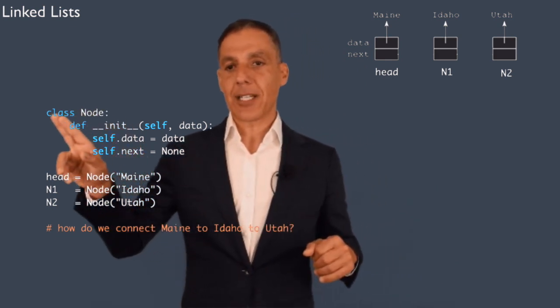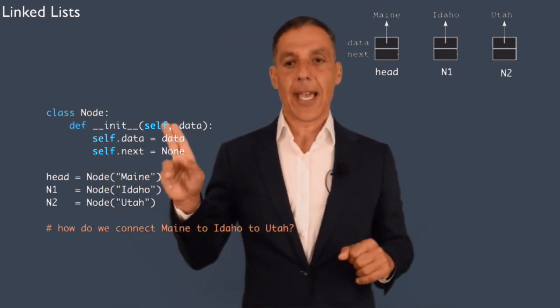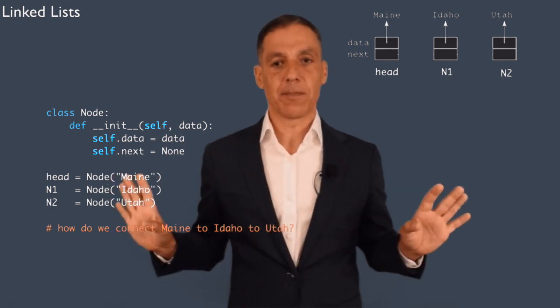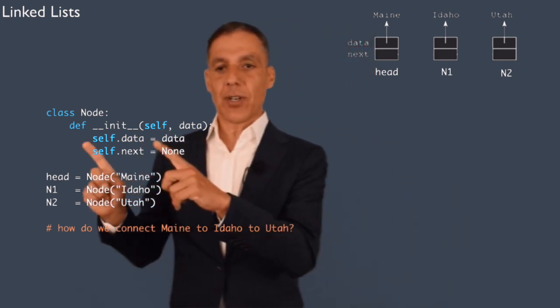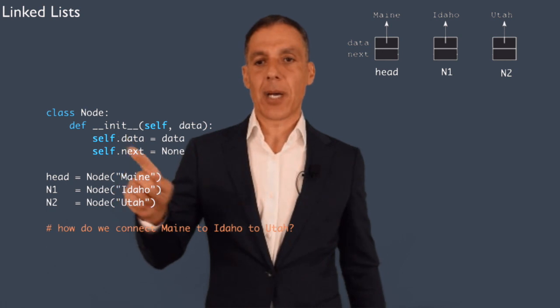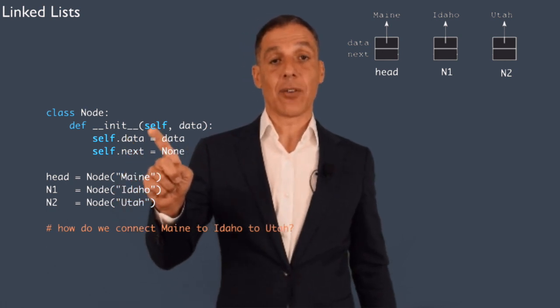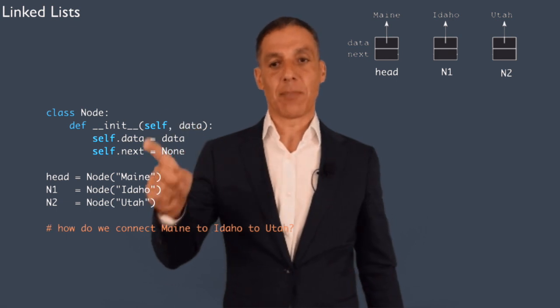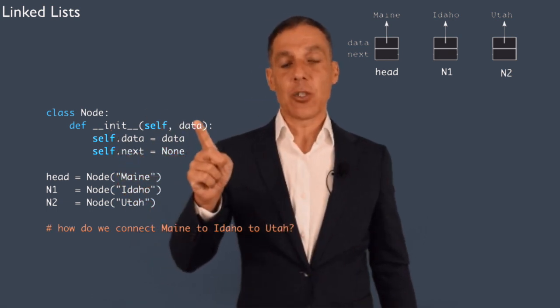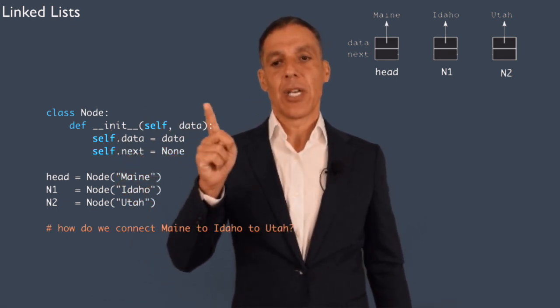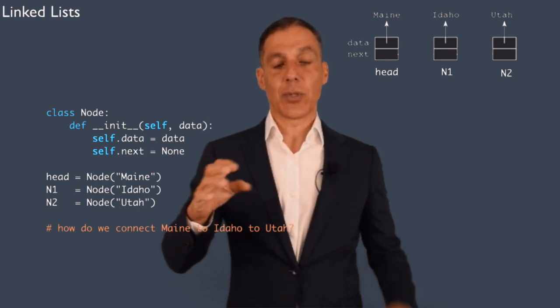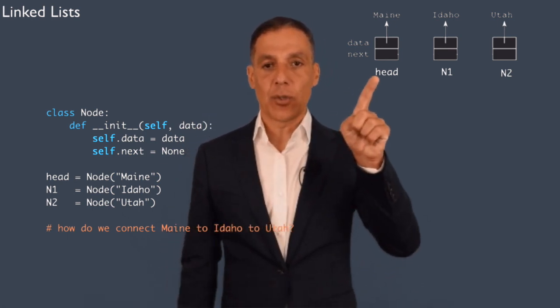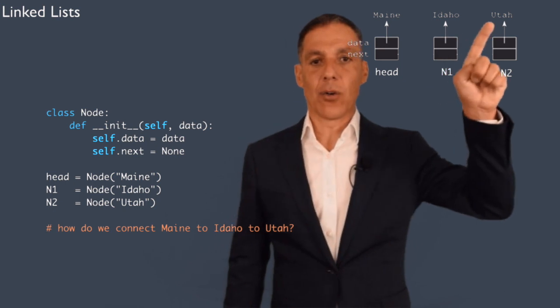So I'm going to define a class called node, and for now I'm just going to have the constructor. So I've got the constructor, underbar, underbar, init, underbar, underbar. There is self. That is, of course, going to be the address of the object that is initialized by the constructor. And you pass in a single parameter to this constructor, which is the data that you want to store in the node, Maine, Idaho, Utah.